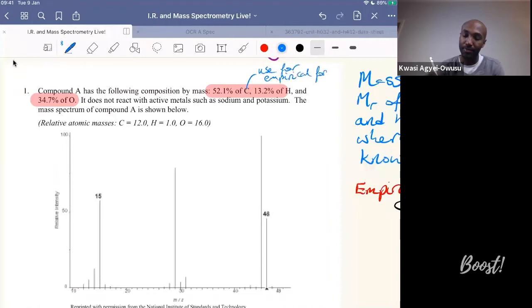And then we're also given some information about the reactivity of this compound. We're told that this compound A does not react with active metals. So active metals such as sodium and potassium are quite reactive metals. And so we should be able to work out what type of functional group is present, given that it doesn't react with sodium and potassium.